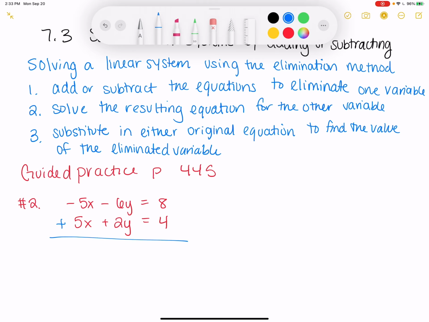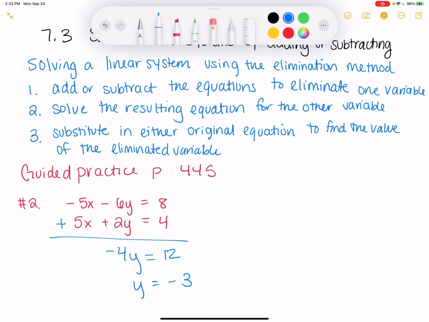So I'm adding these together, so this gives me 0x, and then negative 6y plus 2y is negative 4y is equal to 8 plus 4 is 12. So then I'll divide by negative 4 and get y is equal to negative 3.